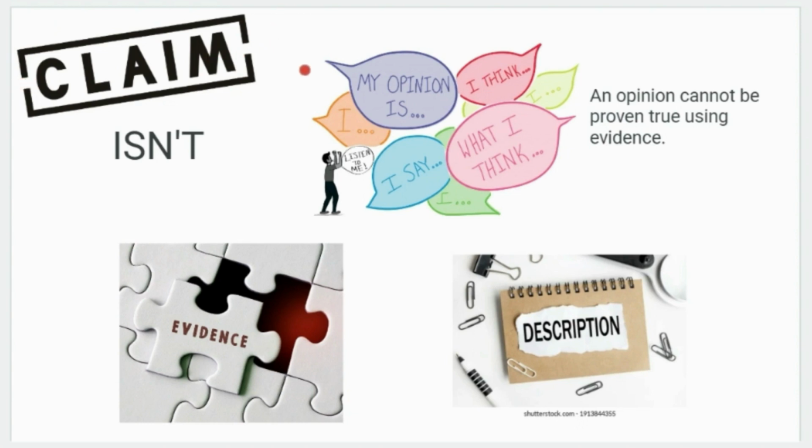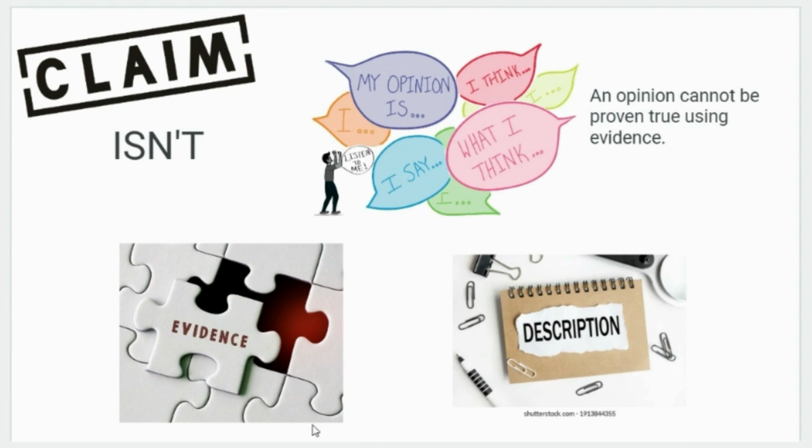A fact is 100% objective. And a claim needs to be corroborated using evidence, right? And it isn't an opinion either, because an opinion is quite subjective. When you say something is your opinion, it's generally a feeling. It's not based on reasoning, right? Okay. So, if you are well supporting it with the evidence, you can call it a claim.